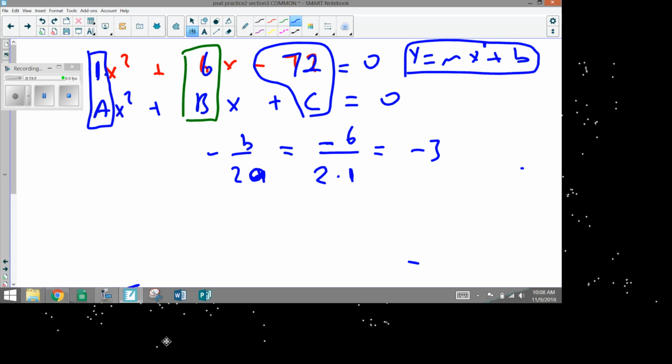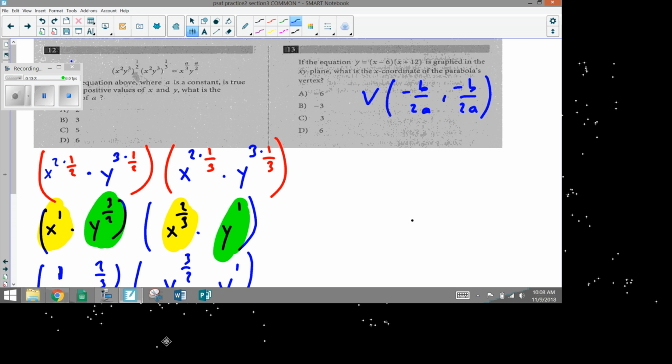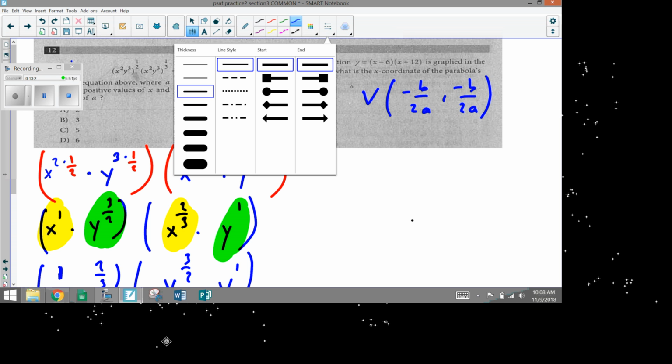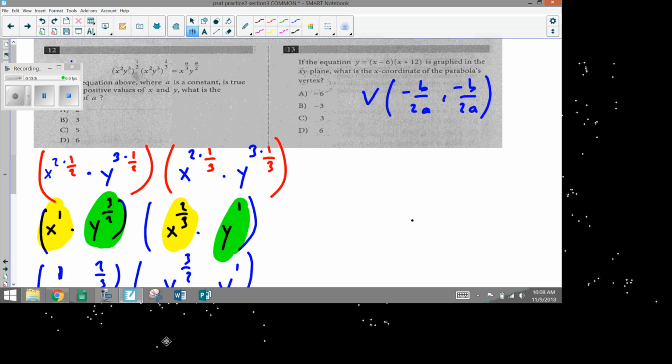Then let's distribute. I'm going to distribute this x. I set this up. Okay, x times x, x squared. x times 12, 12x, right? Keep that in mind. Minus 6x, 12x minus 6x.